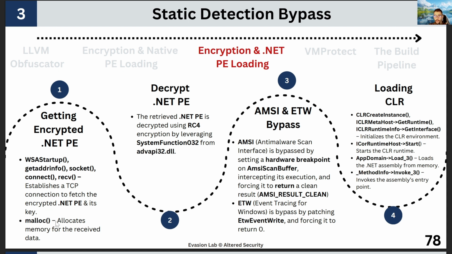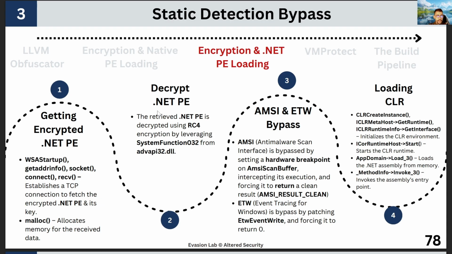Next we do some memory allocation by calling the malloc function. It dynamically allocates memory to store the received encrypted PE. The second phase is decrypting the .NET PE. Once the encrypted PE file is received, it needs to be decrypted before execution.